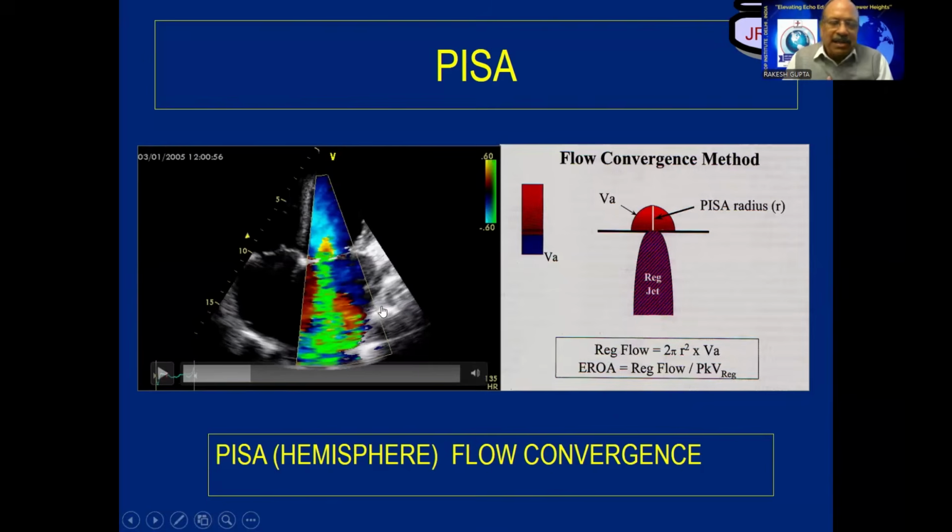If you really ask me, I rarely use this because of too many calculations. First I'm calculating radius, the aliasing velocity is fixed, regurgitant volume, then peak jet velocity. And the most cumbersome part is to calculate the PISA radius. And this is 0.5, 0.6 centimeters.